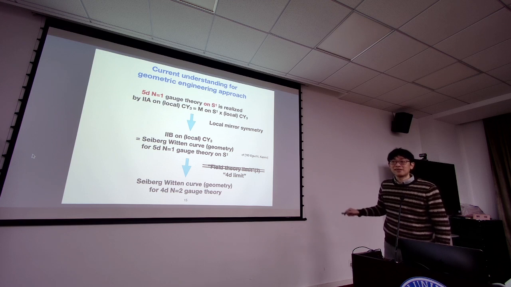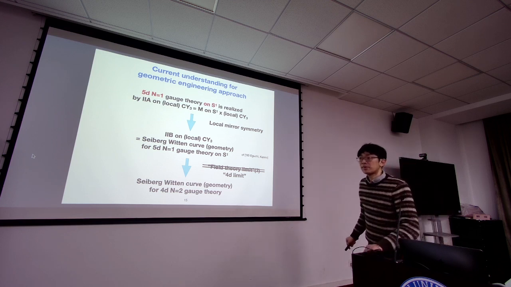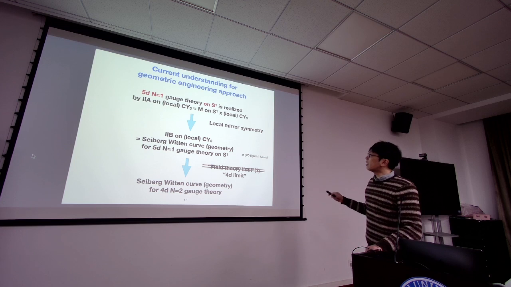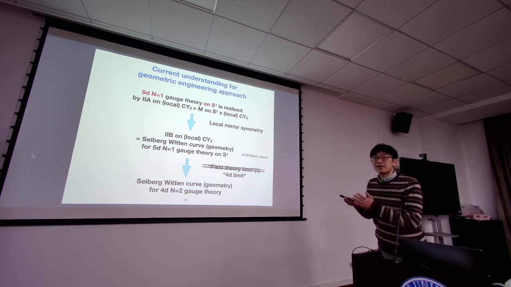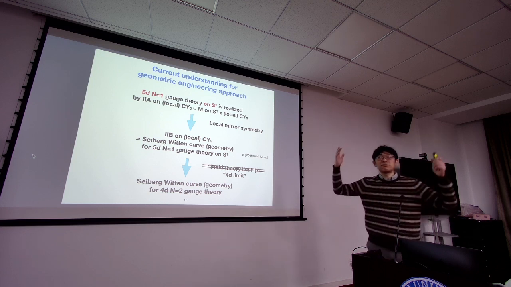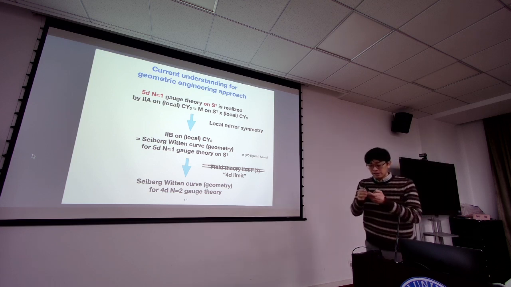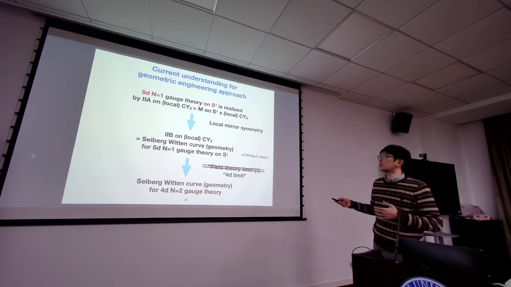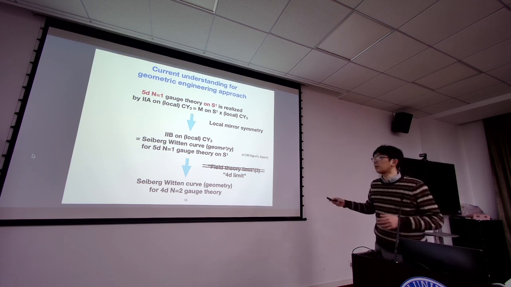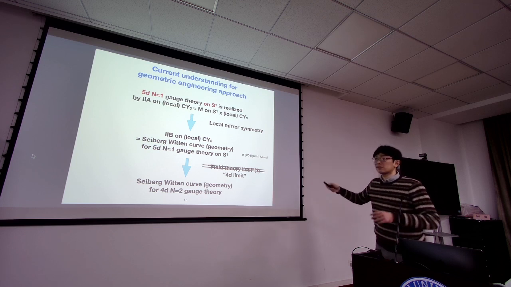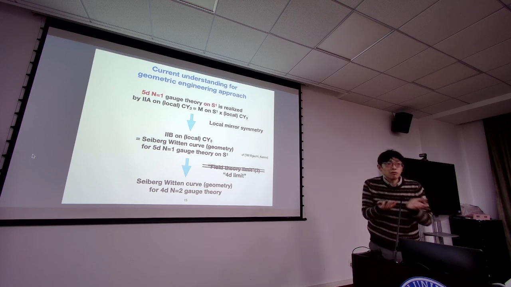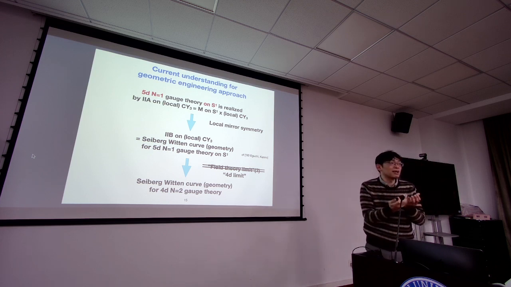But didn't you also have to throw away stringy things in order to get the 5D gauge theory? That process is actually hidden in this local setup. We also need to decouple gravity and so on. In my understanding, this decoupling is not done at this stage, but at this earlier stage, which means that originally we should consider a compact Calabi-Yau threefold, a finite, small Calabi-Yau.